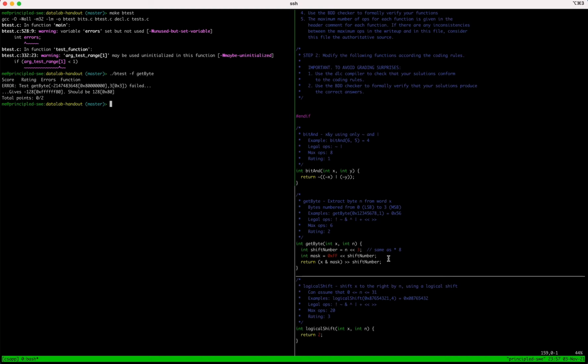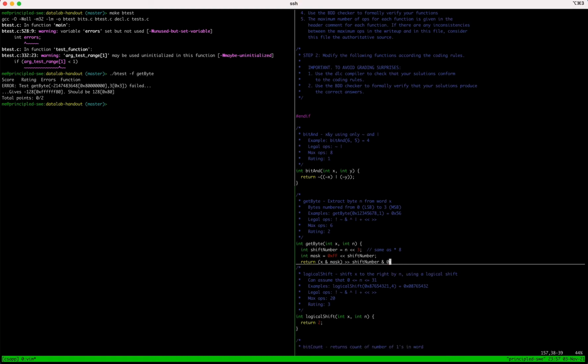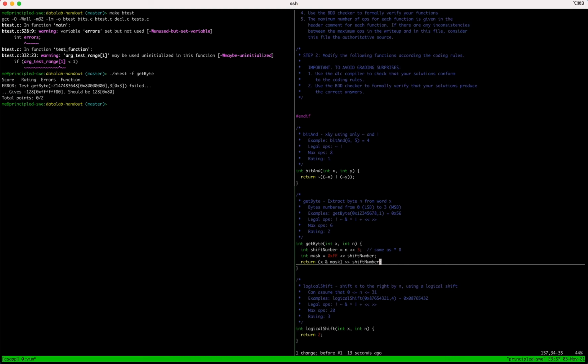So a quick fix for this is to apply another mask at the end. This new mask is just this FF.